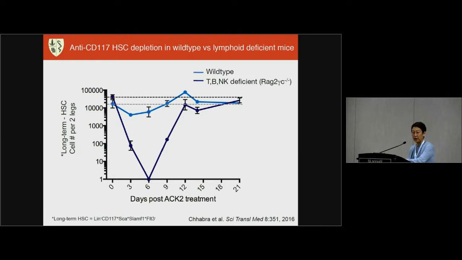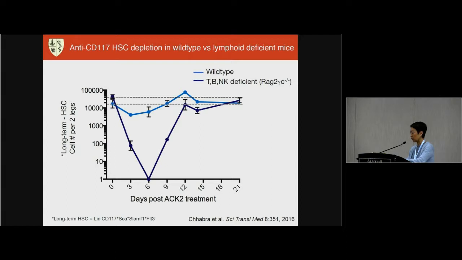But when we thought about expanding the use of the antibody to the wild type setting, or to individuals with intact immune systems and lymphocytes, we realized that the antibody doesn't work well in that setting. This is data from Akanksha Chhabra and Hye-Suk in my laboratory, where we show that the depletion is much better, and much longer, if you are T, B, or NK cell deficient.